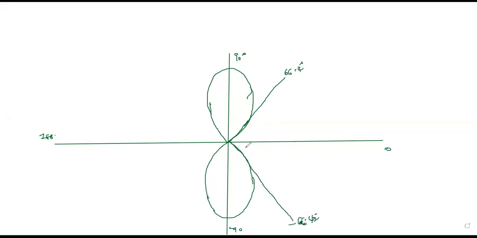Then you have to draw the other value, 113.57, and similarly negative 113.57.